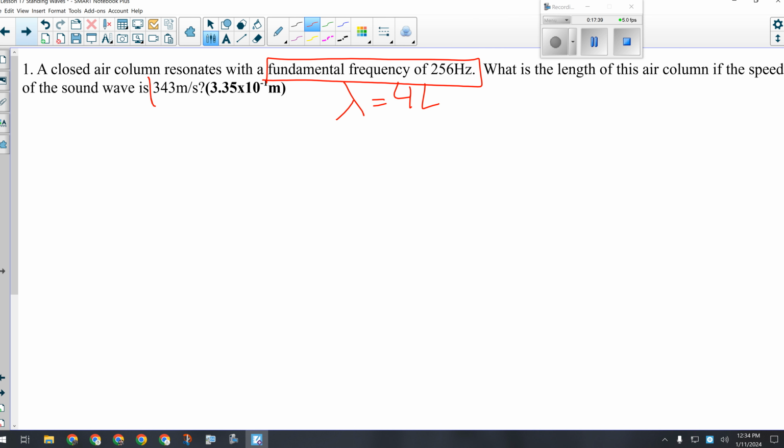It gives you the speed of sound and wants you to calculate the length of the tube. So what you have to remember is, what's the shape of the wave for its fundamental frequency for a closed air column?